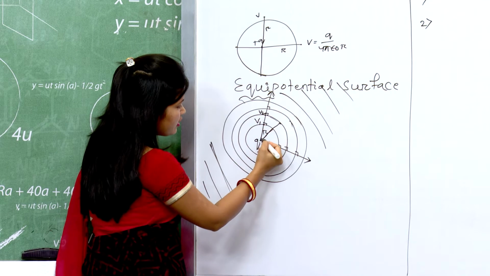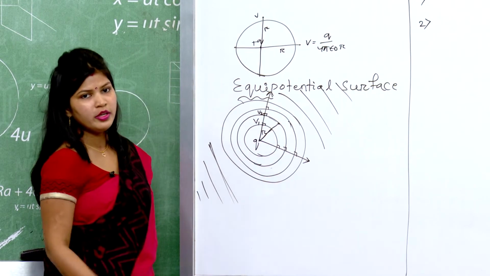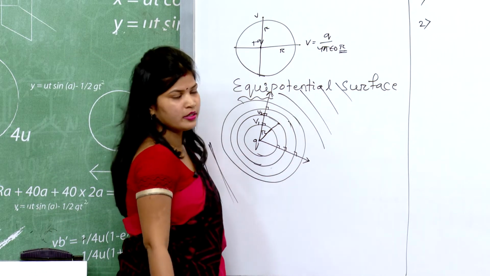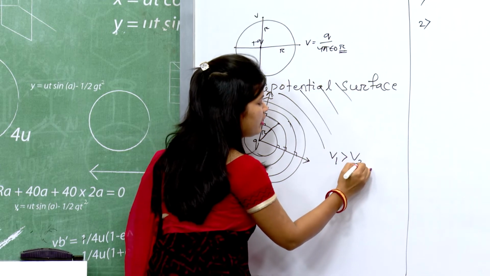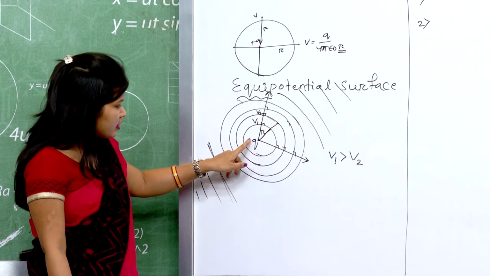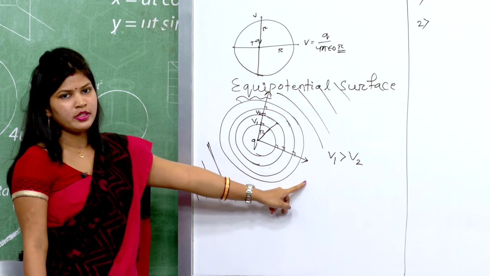This distance is larger, so V2 potential will be smaller, as V is inversely proportional to r. So, that is why V1 is always greater than V2, and electric field goes from higher potential to lower potential.